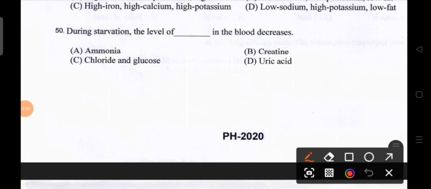Here the correct answer will be chloride and glucose. So normally during starvation, the stored glucose decreases. They start to be utilized in our body as energy sources. So during starvation or during hungry period, the glucose level and chloride levels in our blood decrease.